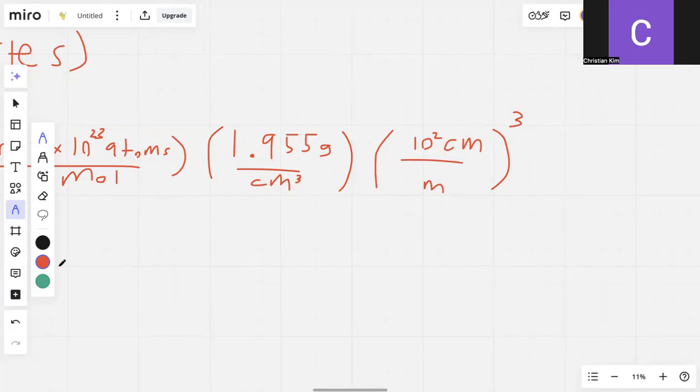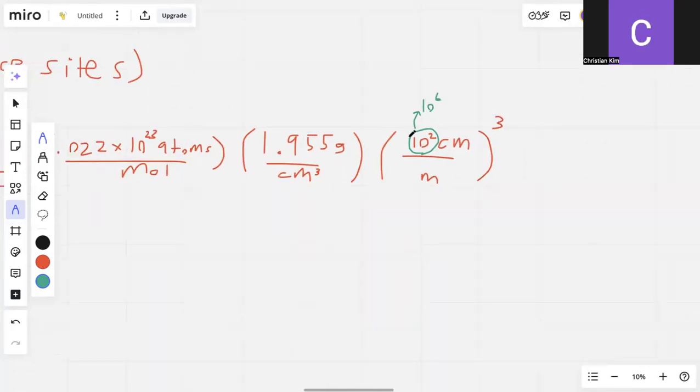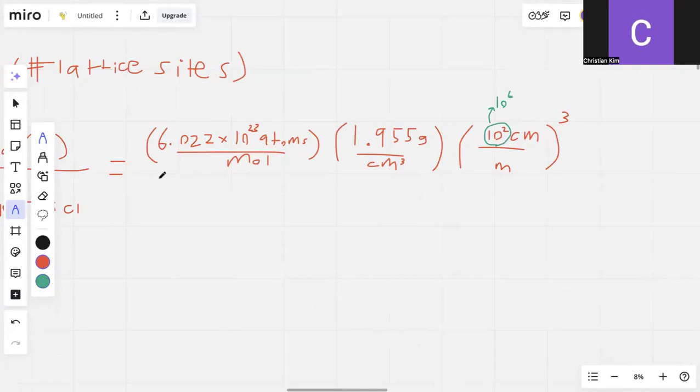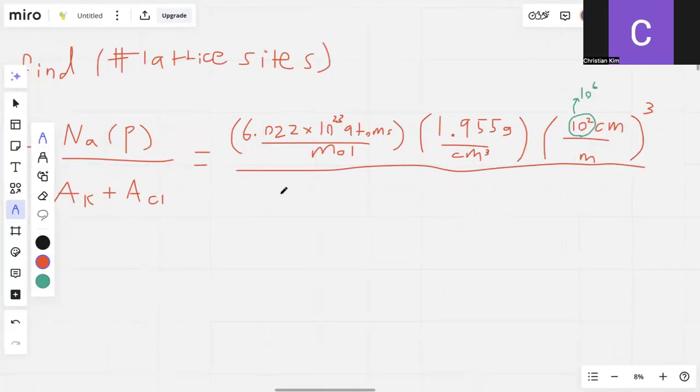However, one important thing you should note is that this 10 to the second will now become 10 to the sixth. So just keep that in mind when you're dealing with calculations. Do not forget about that. Do not forget your exponent rules, please. And that's going to be all divided by 39.1 grams per mole for the molar mass of K, potassium, plus 39.45 grams per mole for the chlorine.